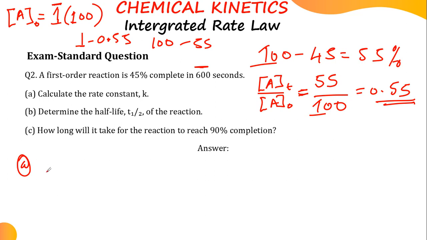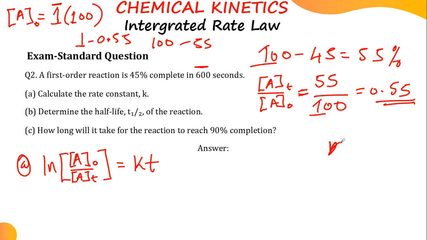So, what's the formula you're going to use here first? The same one, the integrated rate law for the first order. So it's going to be ln of the concentration, which is the initial, over the concentration at t, equal to kt.